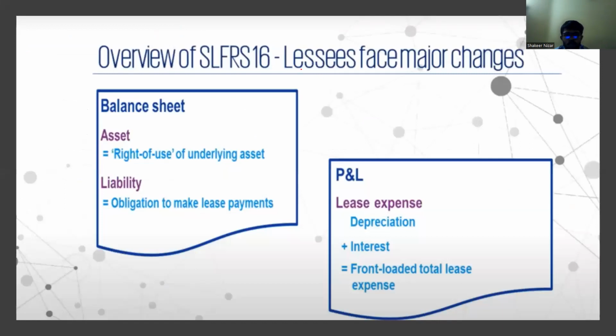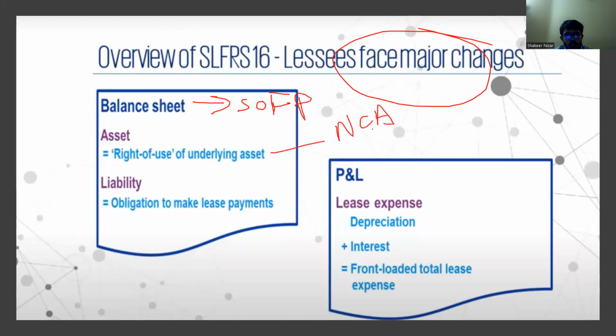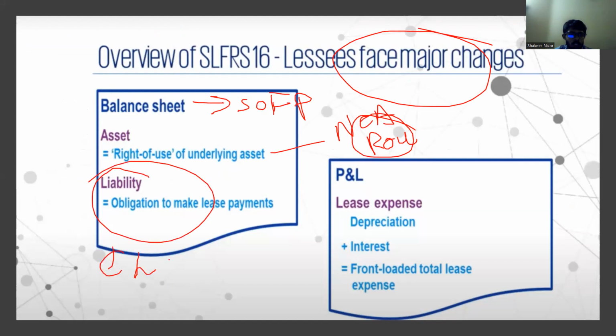What are the major changes in leases? In the statement of financial position, previously called the balance sheet, we record the asset under non-current assets as the right of use asset, simply called the ROU asset. And for the liability, we have the current portion of the lease liability as well as the non-current portion of the lease liability, right?